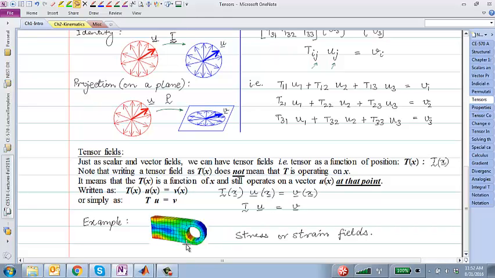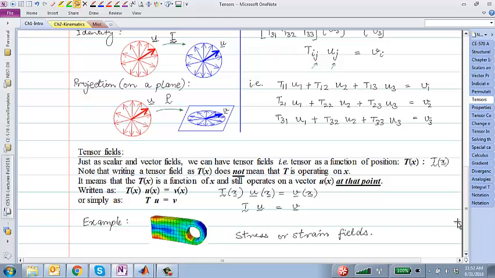So that's one way to visualize a tensor field. If you have 9 components, you could plot all 9 different components on 9 different maps, and that would be one way to visualize the tensor field.